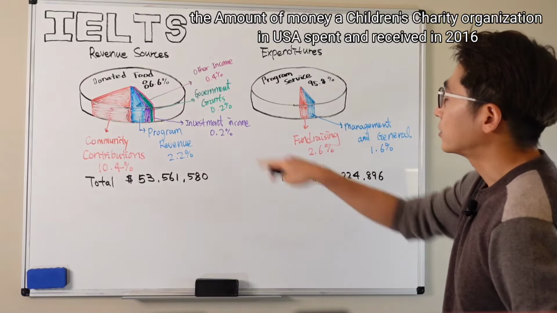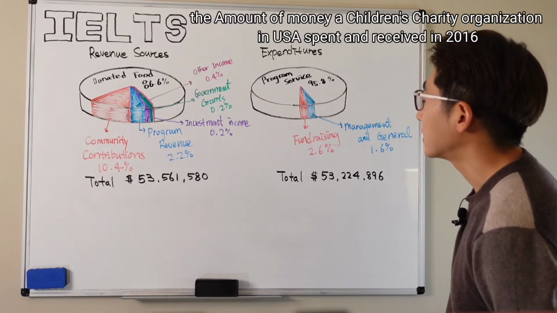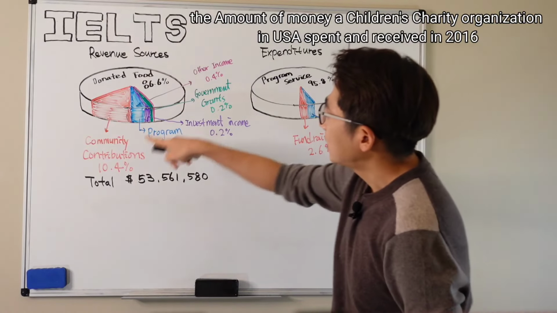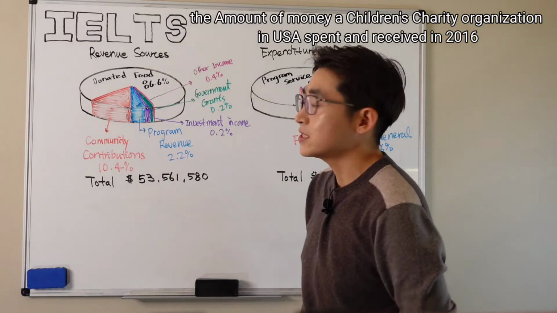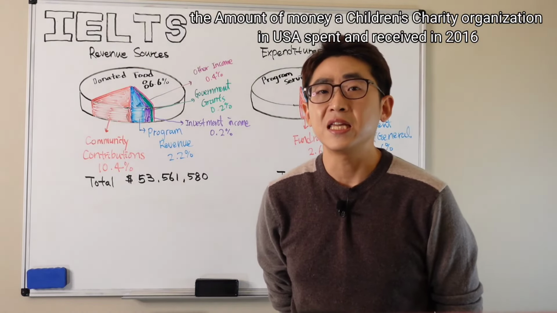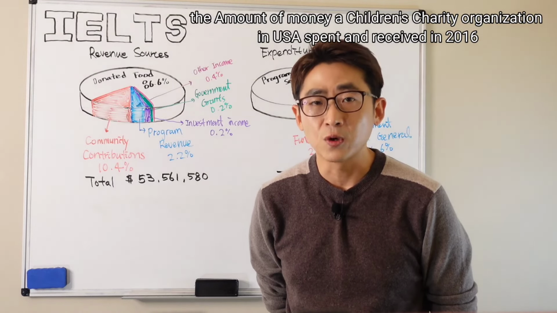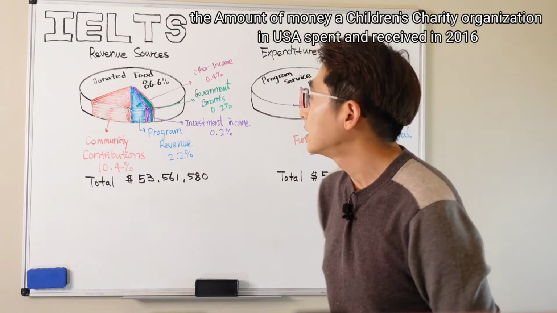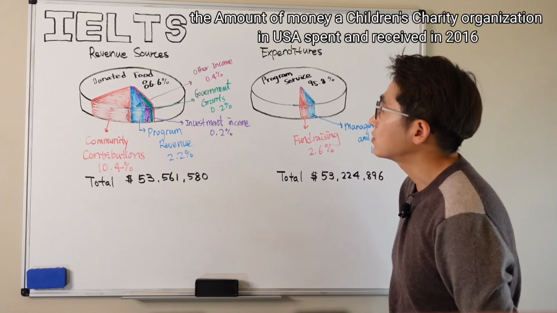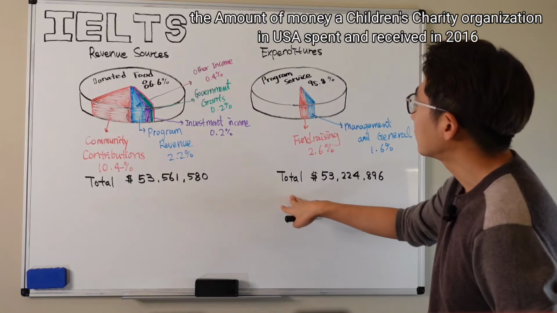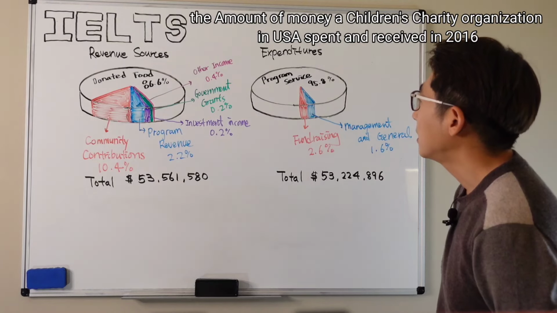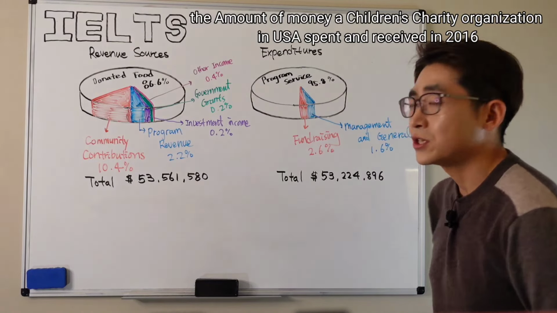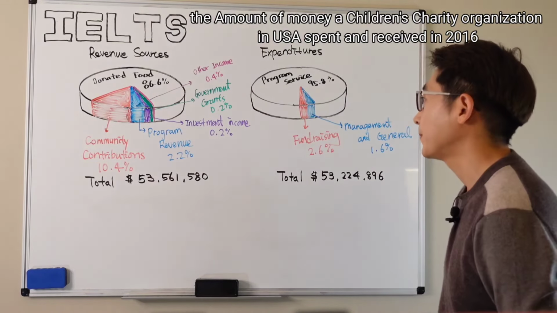Let's analyze the graphs that we are seeing in front of us. So on the left, we have the pie chart for revenue sources, which is basically the income the charity organization made in the year 2016. And on the right, we have the chart for expenditures, where the charity organization spent their money.